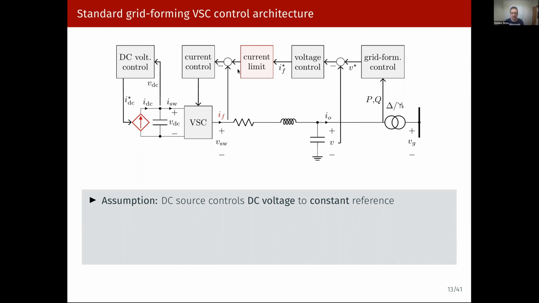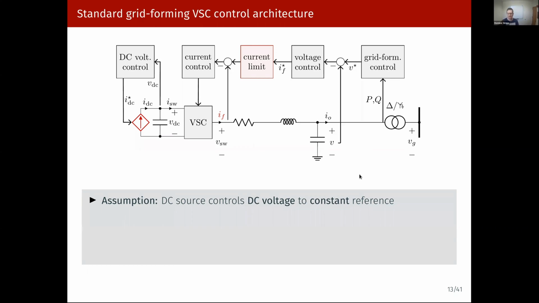And then you have underlying current and voltage control loops. For the purpose of this talk here, they're not super important. And then you have this so-called grid forming control layer that measures power or current injection into the grid, and it's basically adjusting the voltage reference, so both angle and magnitude, that the converter is imposing at this point here.